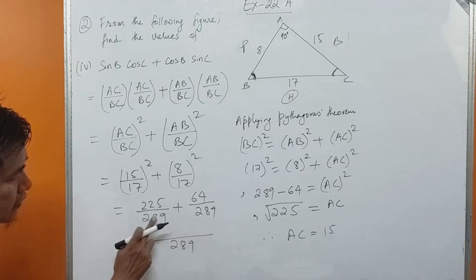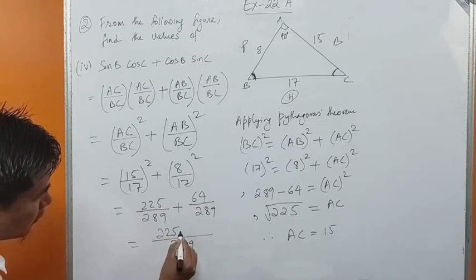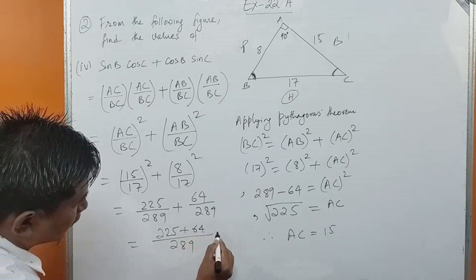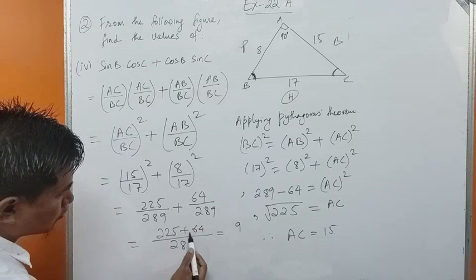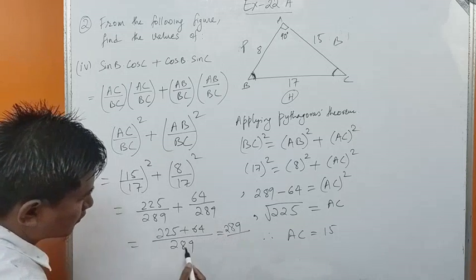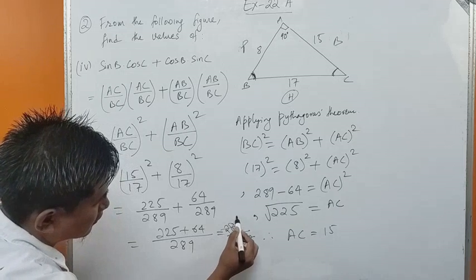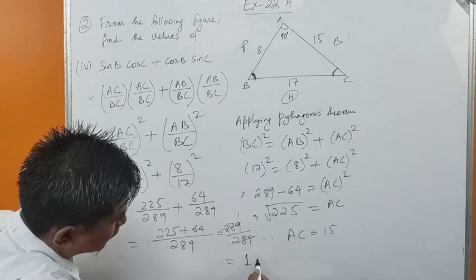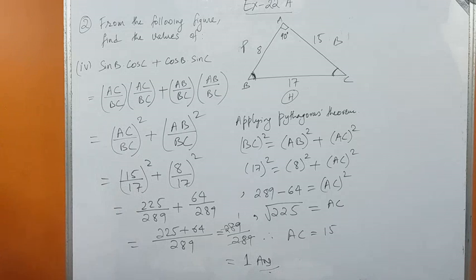When the denominators are equal, we just write the numerators as they are. 225 plus 64 gives us 5 plus 4, 9, 2 plus 6, 8. This 289 divided by 289, so let us cancel this. The answer is 1. So the answer for question number 4 of 2 is also 1.